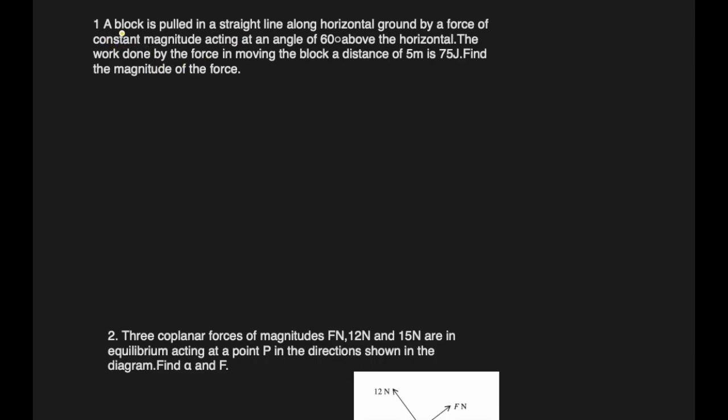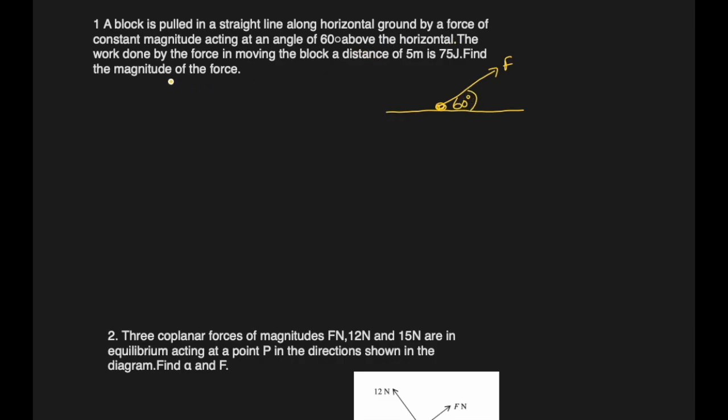Question number 1. A block is pulled in a straight line along a horizontal ground. So this is the horizontal ground and suppose this is the block. It is pulled by a force of constant magnitude acting at an angle of 60 degrees above horizontal. So this is, let's say, force F and this is 60 degrees.